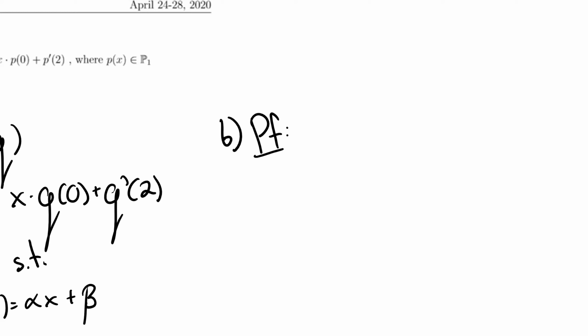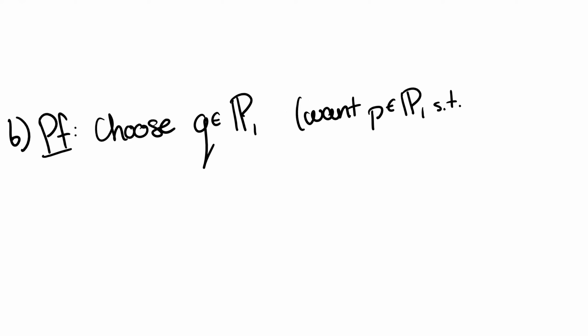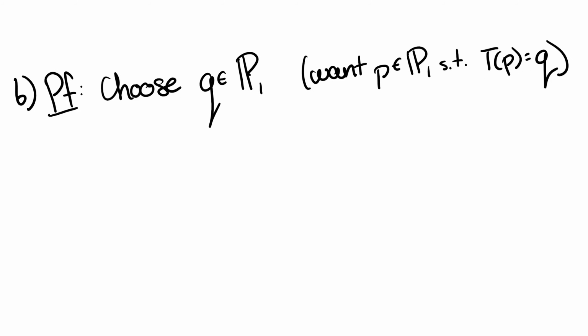Okay, so proof of surjective. We want to choose some Q in P1, the codomain, and we want P in P1 such that T of P equals Q. All right, so that's what we would like to happen.